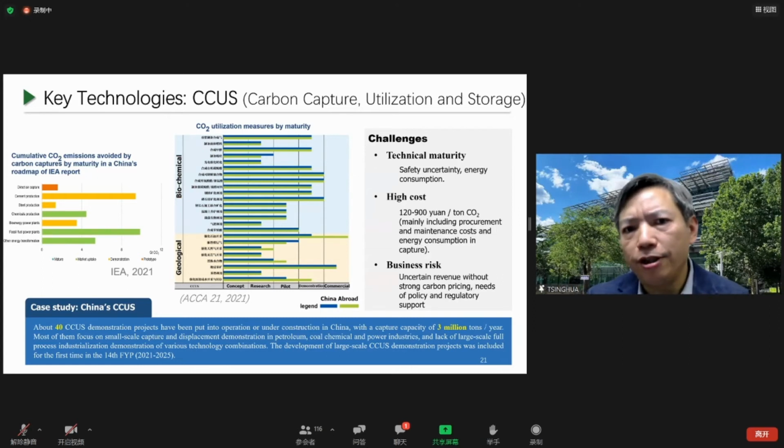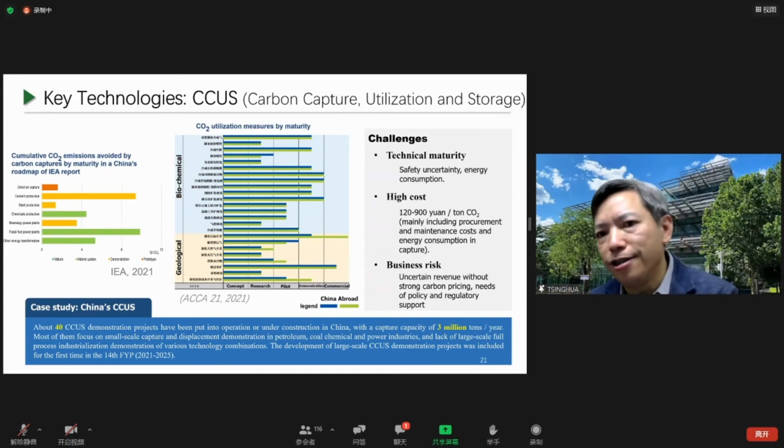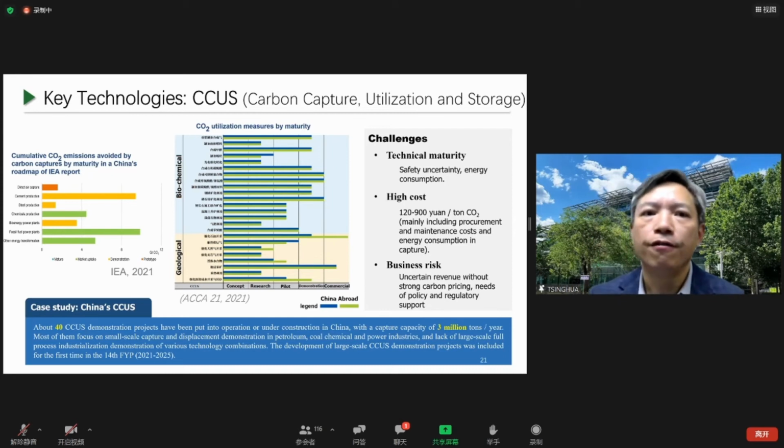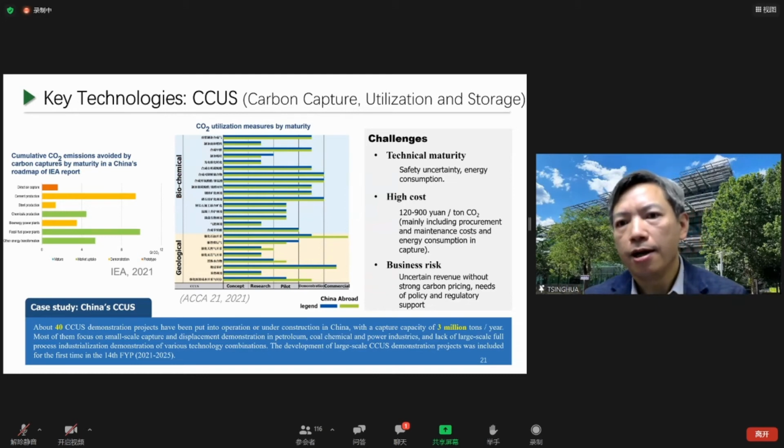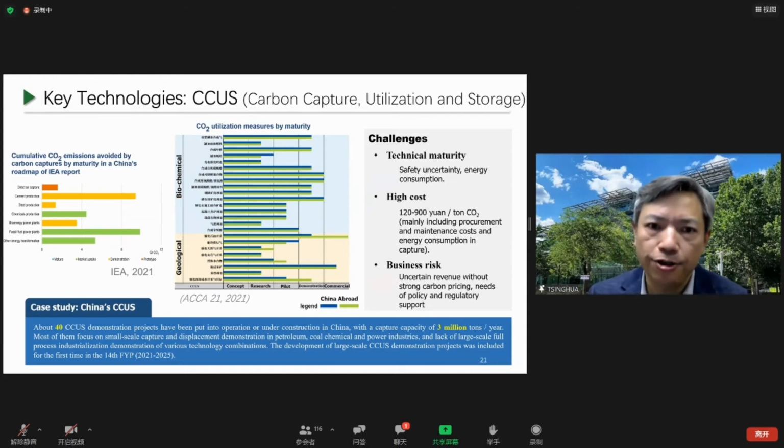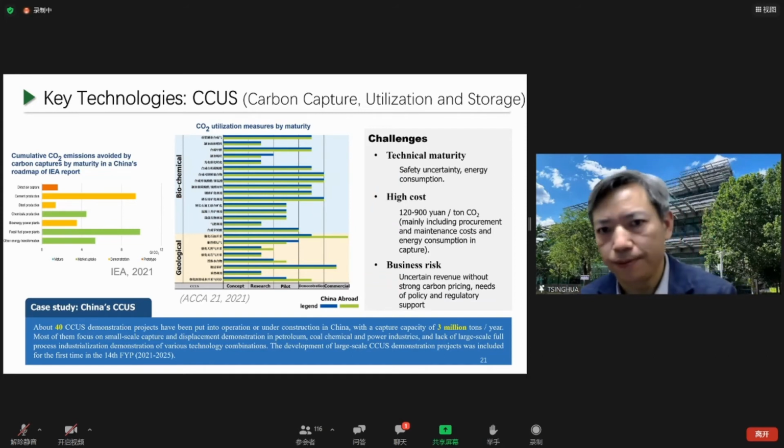The technology maturity stage is also reflected in the potential challenges facing CCUS development and deployment, including public concerns on its safety in terms of both safety of operation and permanence of CO2 storage. Also, there is a concern on its high cost and high associated business risks.